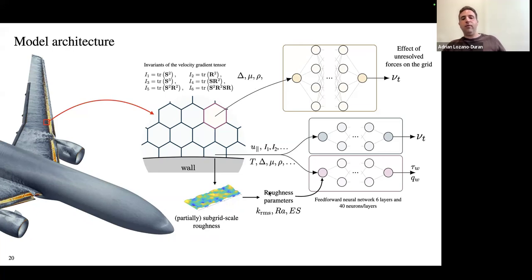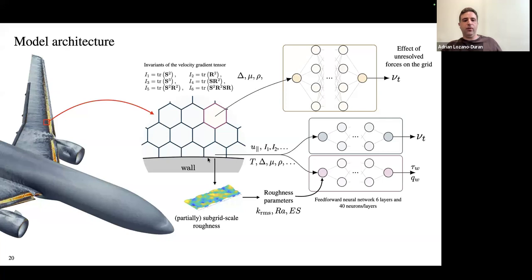From that, what I need to give the model is some roughness parameters, some average geometric parameters, like the typical height of the roughness, the first moment, and the slope. All that will go into the model, and then the model will account for that in terms of the wall stress and heat flux.